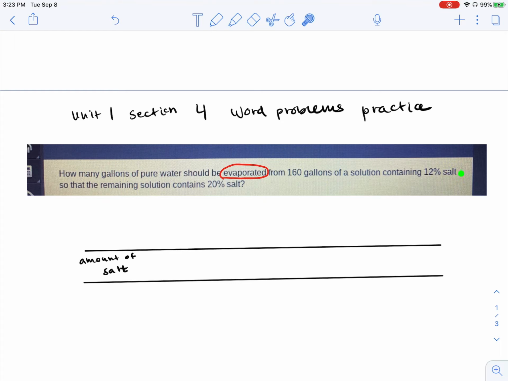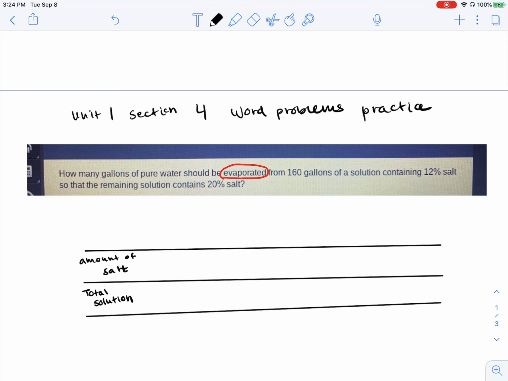But to calculate a percentage, we're basically counting the amount of salt all over the amount of solution we have in total. So let's calculate amount of salt and then total solution. So if you're wondering, what's solution? Solution is basically everything combined.